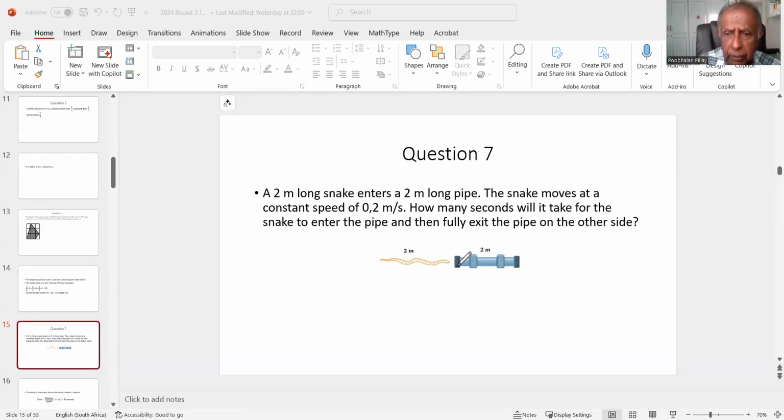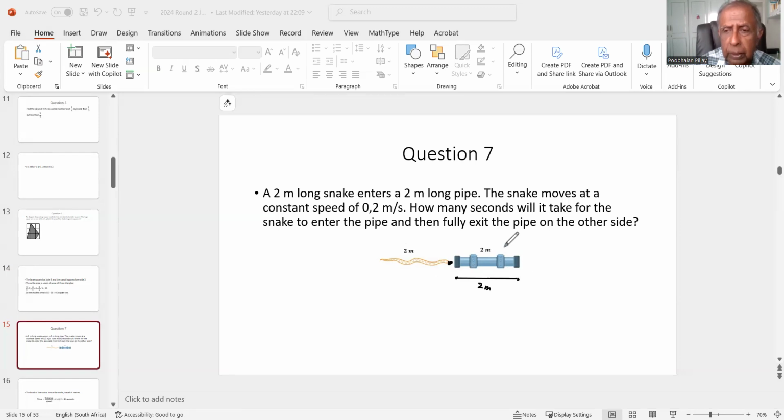I must be a little bit careful here. You have to see what distance it travels. It looks as if it travels for 2 meters. That's not true, though. Because let's look at the head of this snake. The head goes in here, and then it travels. The head goes right through here, comes to 2 meters, but it is not out of the pipe yet. It's still inside.